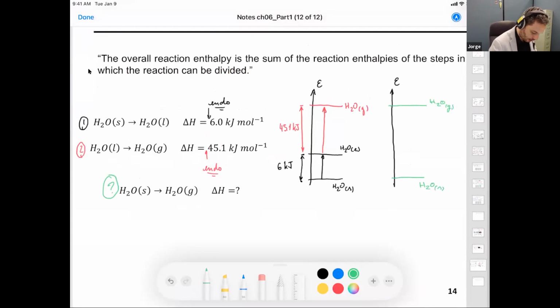Okay, so we need to know what's the delta H for this whole step here. And that's our goal.